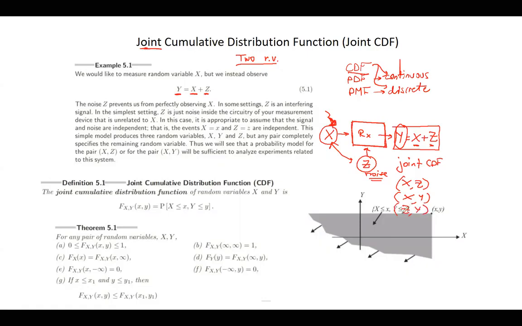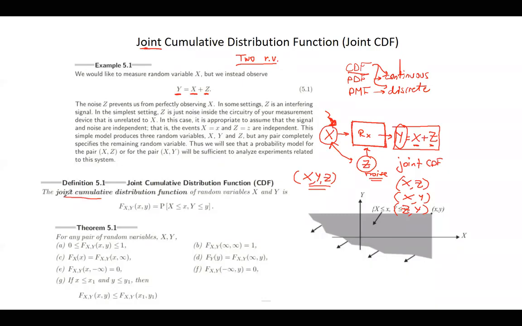So every two of these will have a joint CDF. We may also define X, Y, Z as a joint CDF because joint CDF may include more than two random variables. So this is how to use joint CDF.